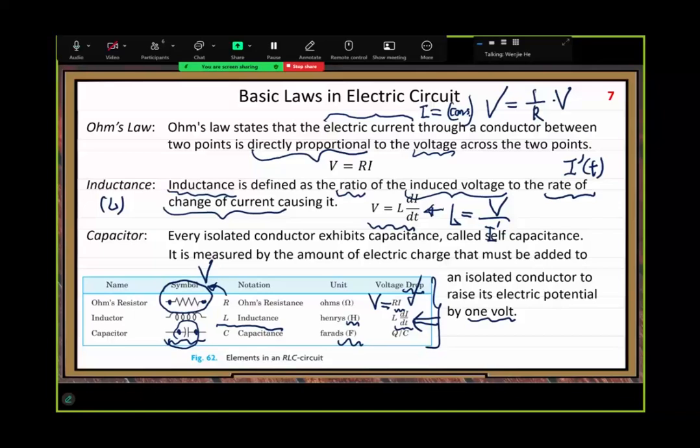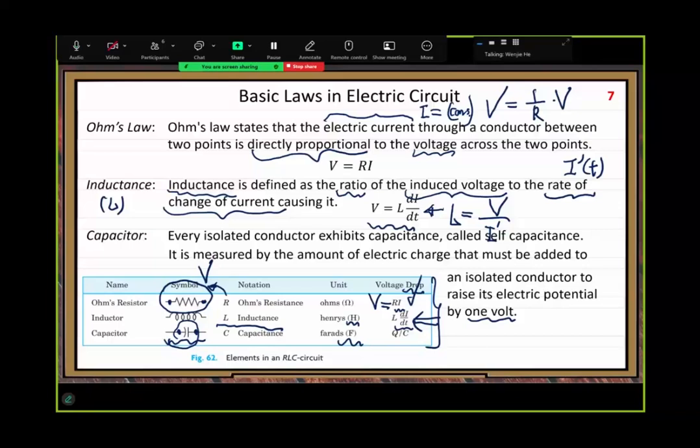So with the basics, now we complete the review of the basic knowledge before we work on electric circuits. We rely on this basic understanding to solve any given electric circuit.